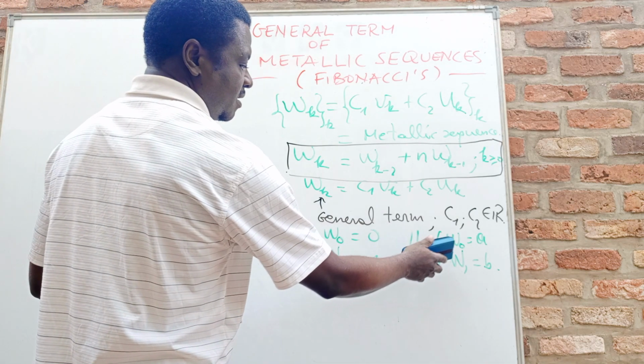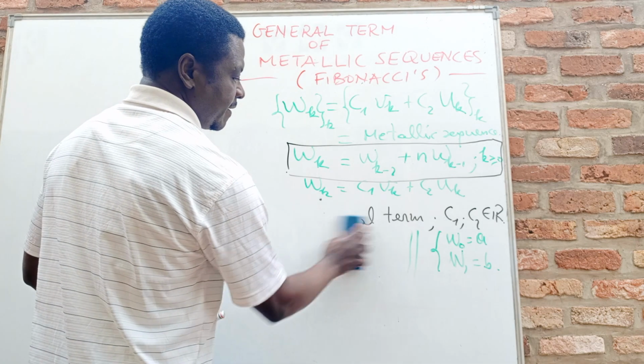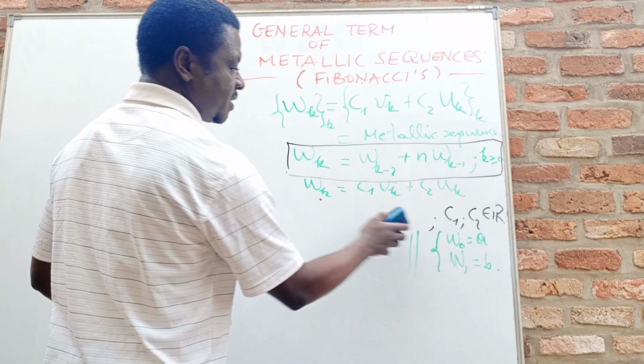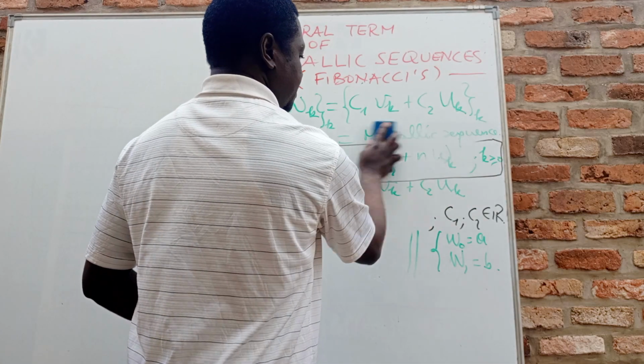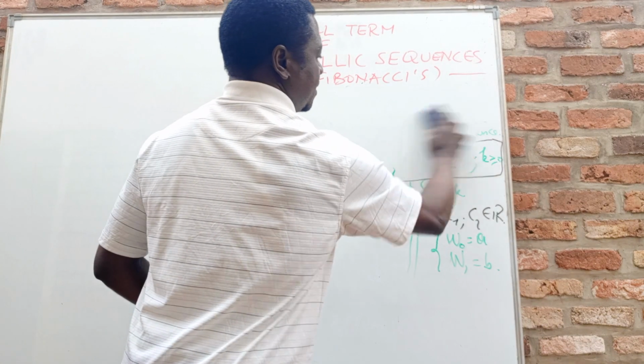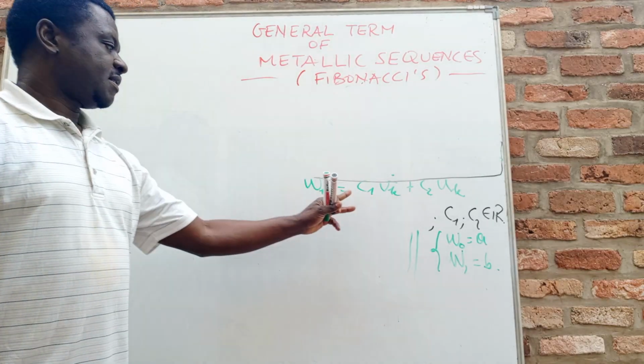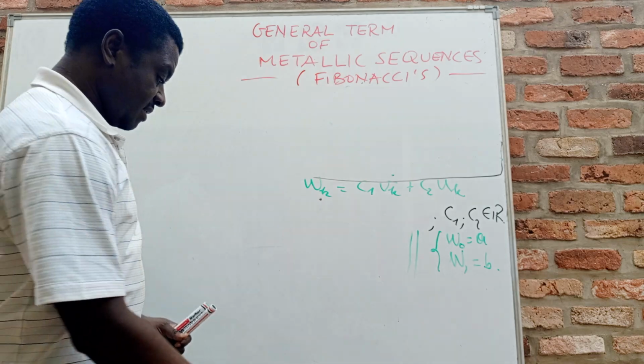Let us use this general form with general initial conditions, and we can determine the constants C1 and C2.